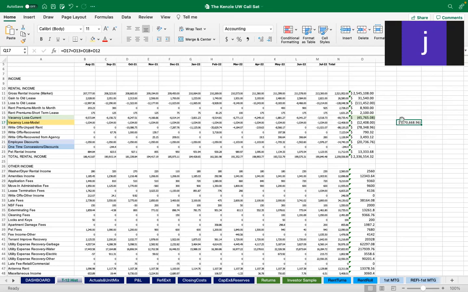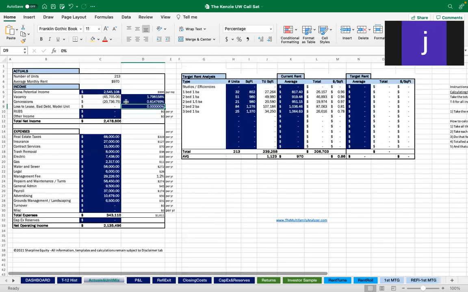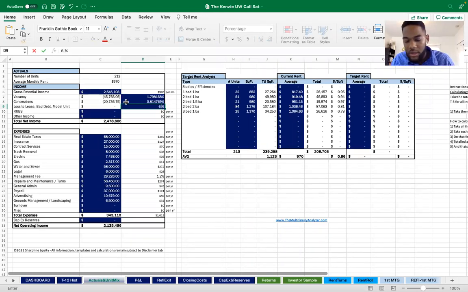Just to answer that previous question, bad debt expense is when you don't think that you'll get the unpaid rent back. Yeah, just uncollected fees or uncollected rent. Exactly. Got you. Thank you.